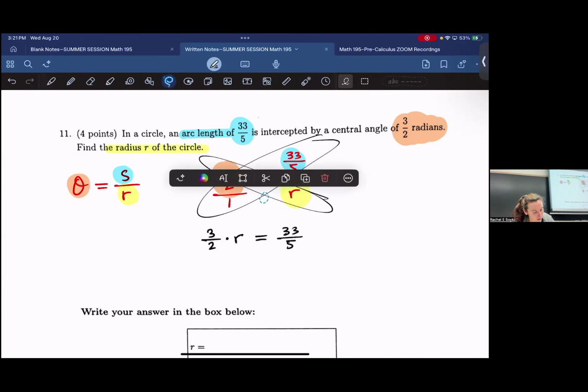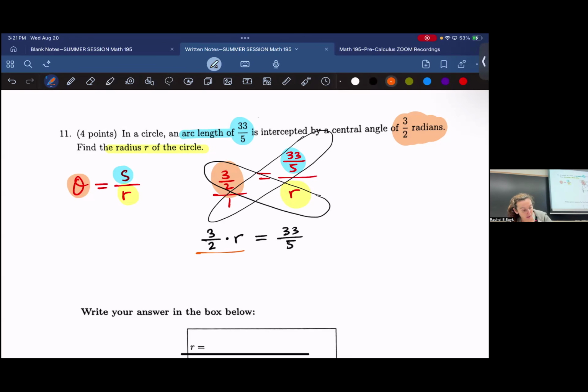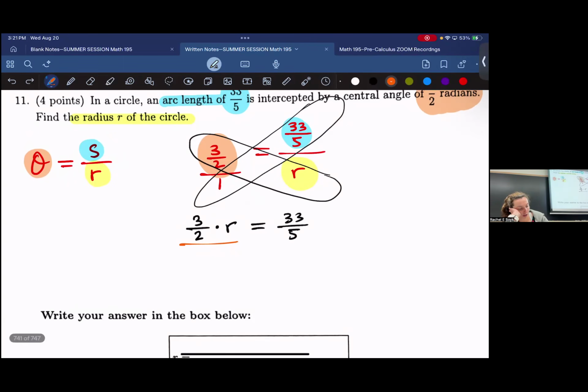I don't want to confuse you with these butterfly wings. Maybe I'll make them a little larger. And now let's divide both sides by 3 over 2. So we're going to utilize our keep change flip here.